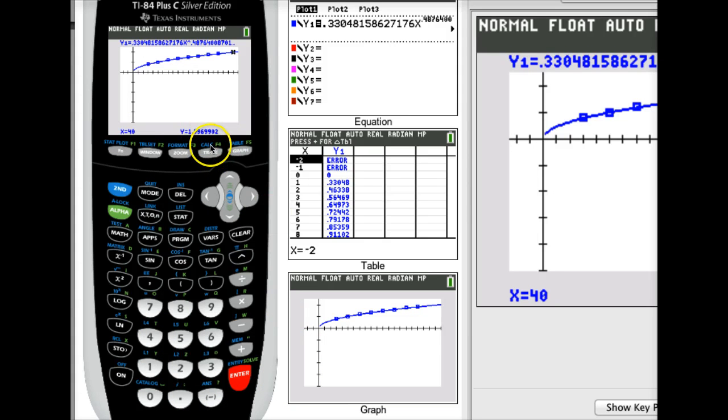You will not get the same answer if you do not paste the equation. That's why this step with the vars is so important. Your answer will generally be a little bit off. So here it said to round to 2 decimal places. In this case, rounding to 2 decimal places actually gives us 2.00.